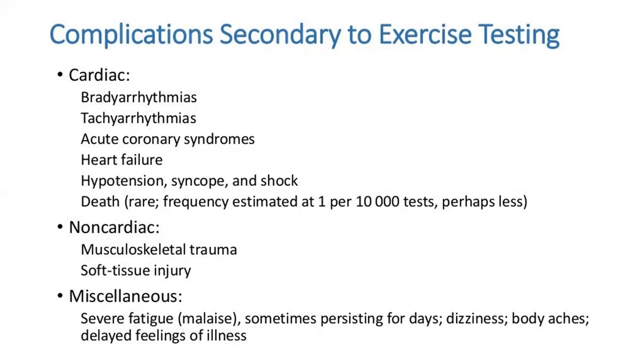And the last one is death. You can have a look at bradyarrhythmia. It is a cardiac condition of a slower than expected heart rate. In this condition, the heart rate gets slower, generally beating fewer than 60 beats per minute.